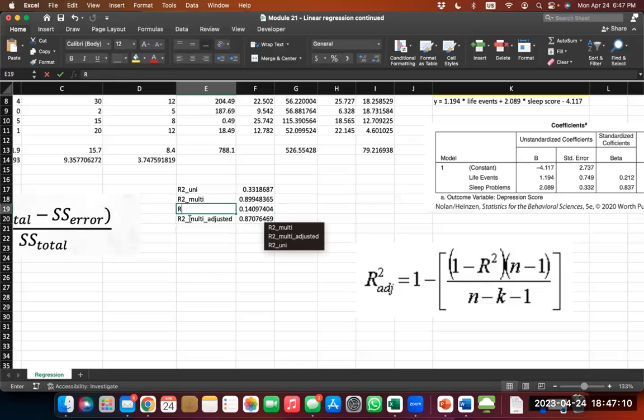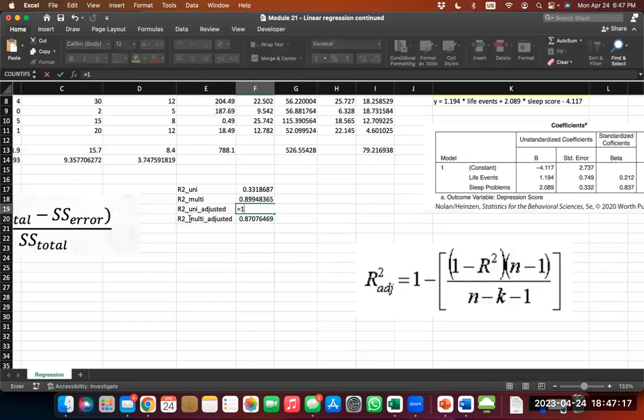If you do R squared uni adjusted, you do 1 minus 1 minus R squared, which is 0.33, multiplied by 9, divided by n, which is 10, minus k, which is only 1 for the uni, so that's 9, minus 1 is 8.